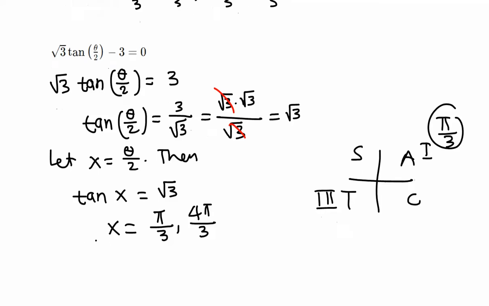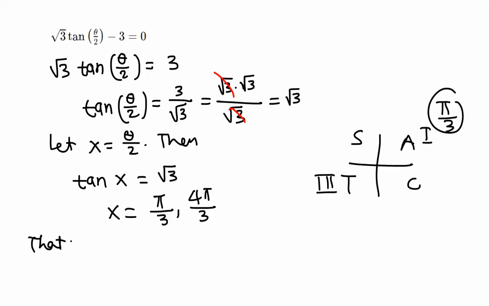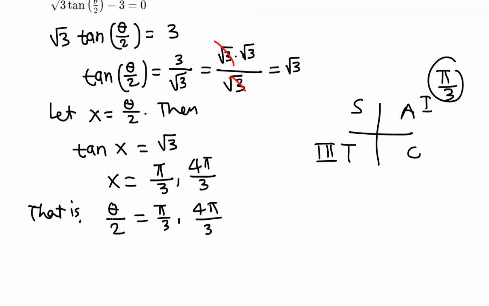Okay, we'll see. That is, x, in fact theta over 2, equals pi over 3 or 4 pi over 3. Then to isolate theta, we need to multiply by 2. Let's multiply these angles by 2. Multiplying by 2 means 2 on the top: 2 pi over 3.